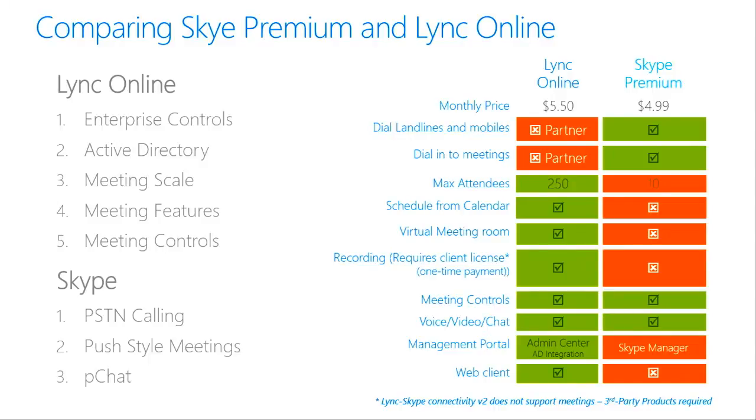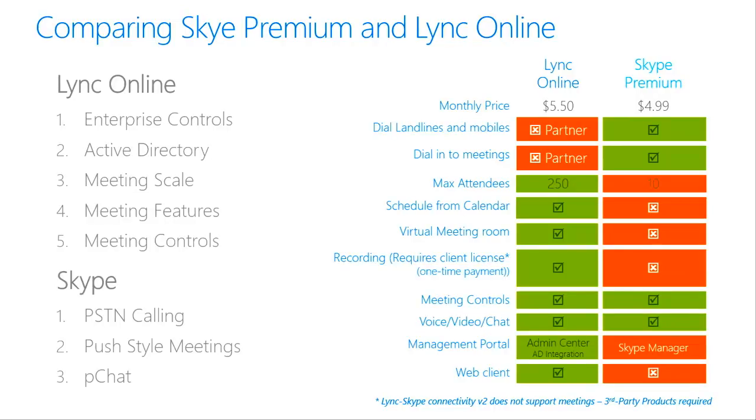I think the other thing to underline is the administrative control. With Skype, there is a capability to manage groups of users with something called Skype Manager, which is a group provisioning tool. It's available online, and it effectively allows you to use a single credit card to provision credit and capabilities and features to multiple users, all from a single interface. That's useful.